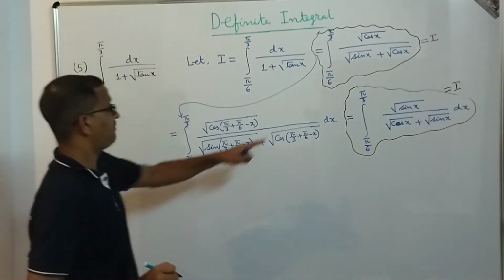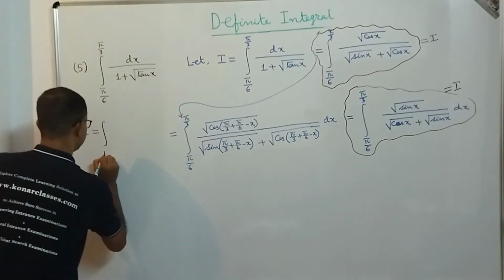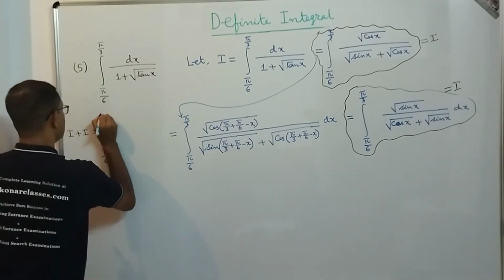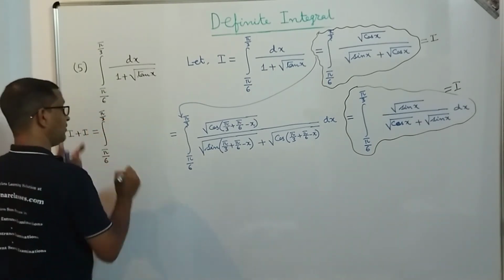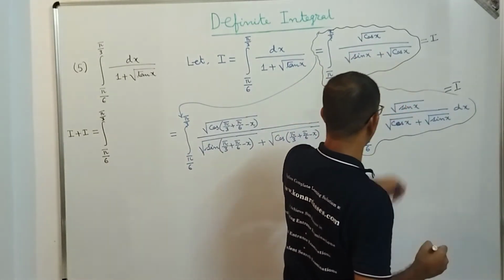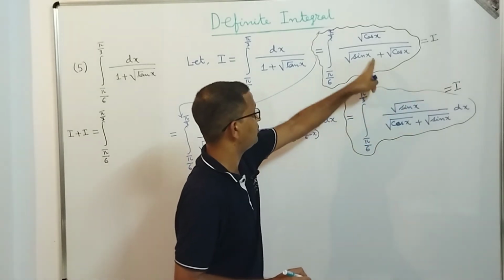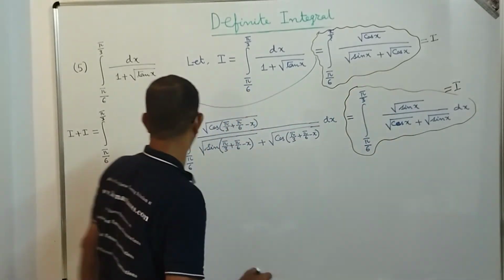Integration pi by 6 to pi by 3. In the numerator we get square root of cos x plus square root of sin x, and in the denominator we get square root of sin x plus square root of cos x, because the denominator remains the same.